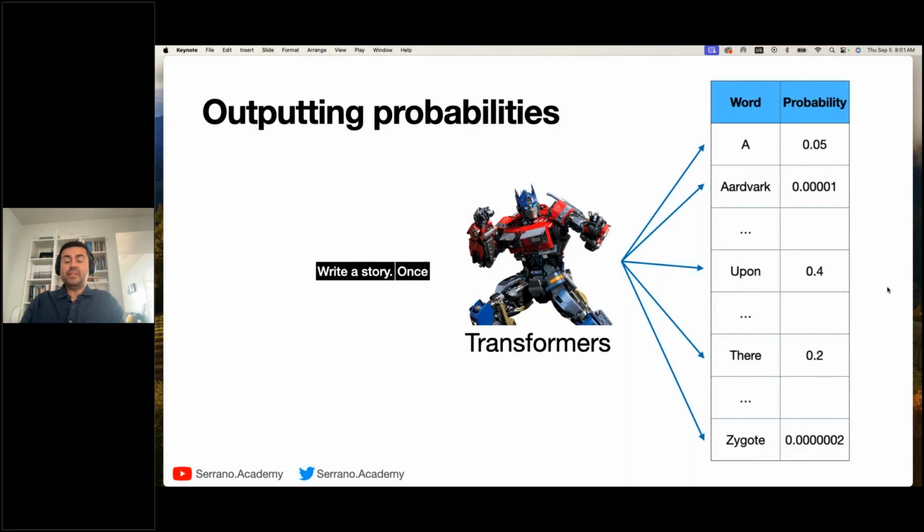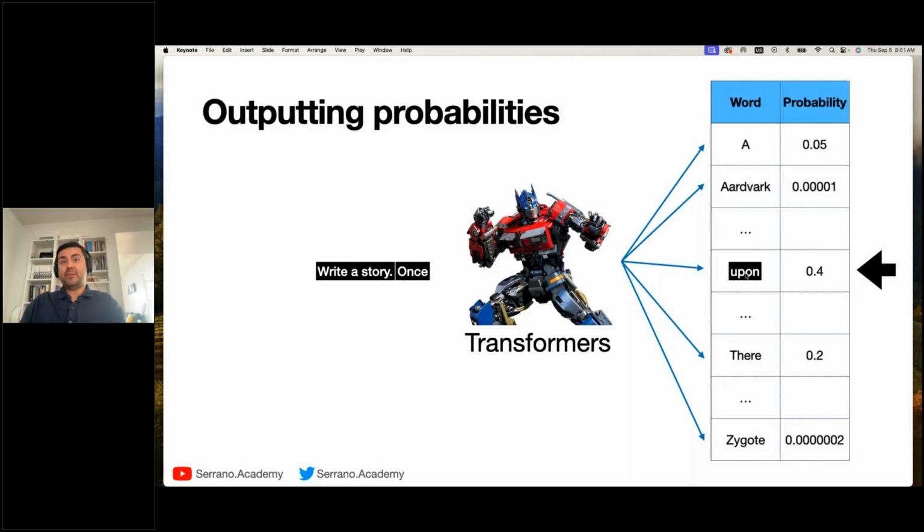Then it picks one of them, so that it doesn't always answer the same thing, but answers different things every time, that are very likely to be the right thing to say. So it picks upon, and that's how it picks the next word. This is very important, because you can think of these arrows as the next step the transformer is going to take, and it has a probability for each one of the steps.